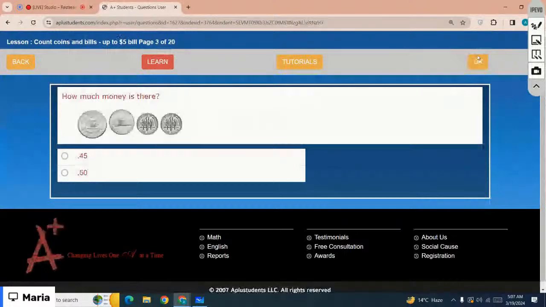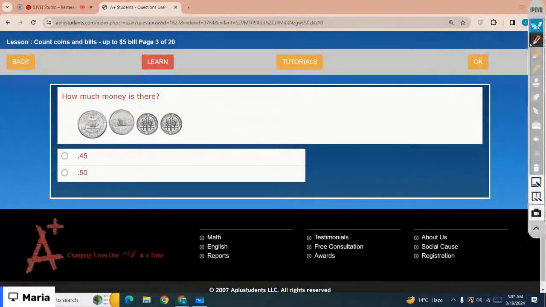Okay, how much money is there? Dimes, dimes, quarters, and I think this one is nickel, right? So, which is the correct option?